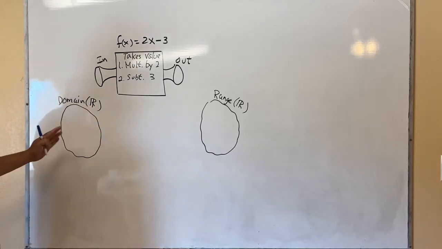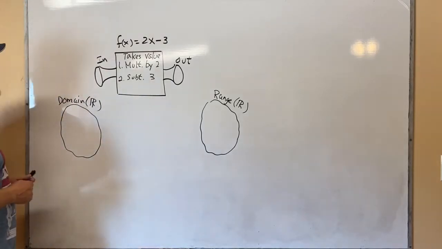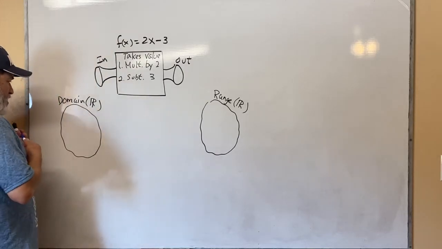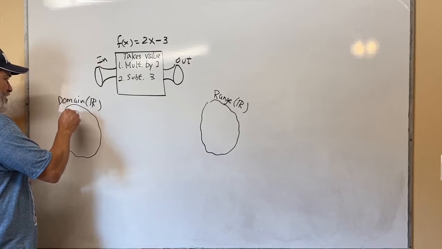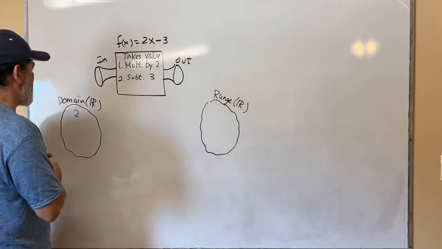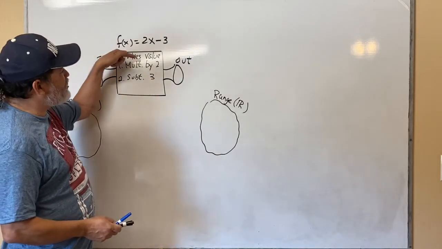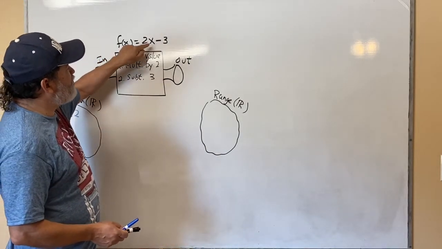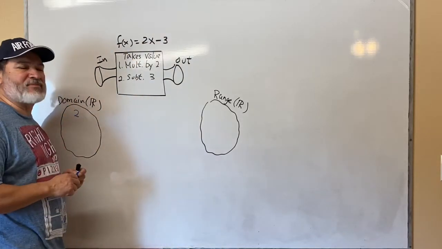That's what this machine will do to anything that goes inside. For example, a 2 goes inside. And what's going to come out? This machine is going to take the 2, multiply it by 2, 4, subtract 3, and a 1 comes out.